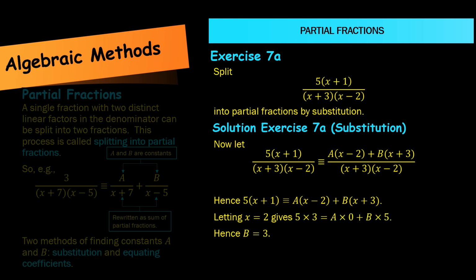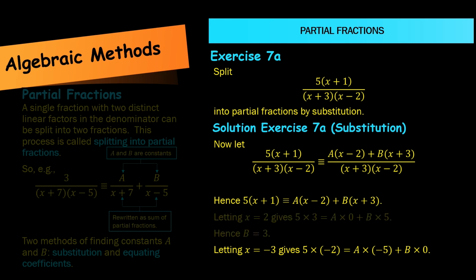Now if we let x equal minus 3, we have 5 times minus 2 on the left-hand side, and a times minus 5 on the right plus b times 0. And of course this is why we put x equal to minus 3, so that we could get rid of the b and find a.